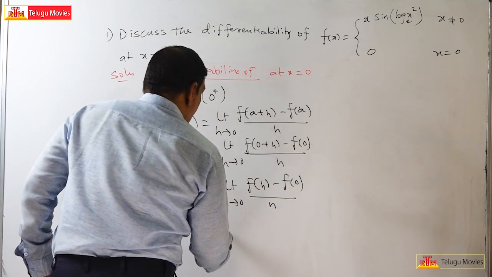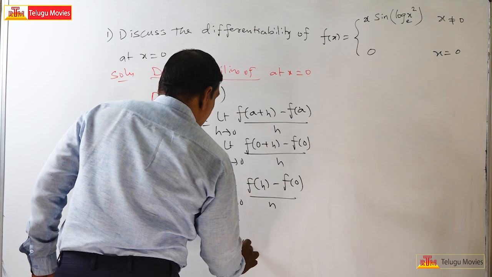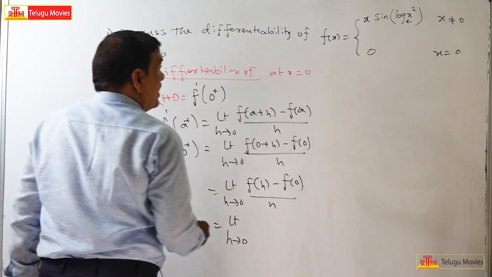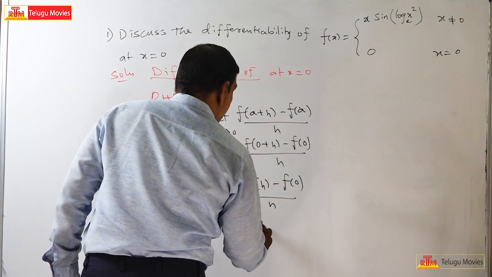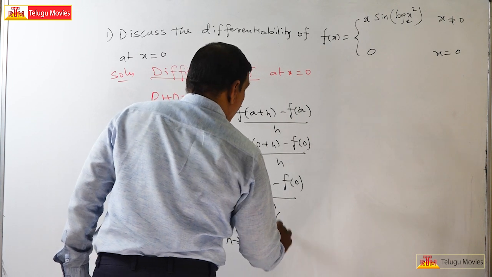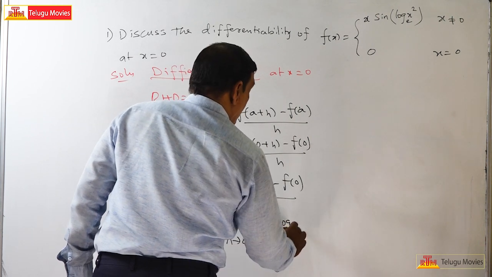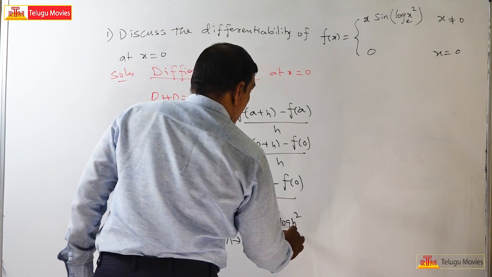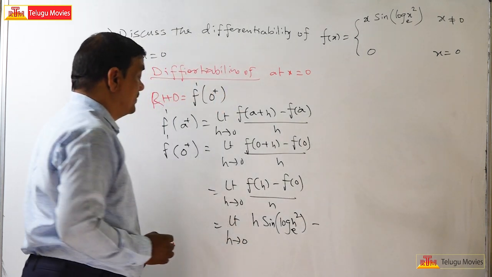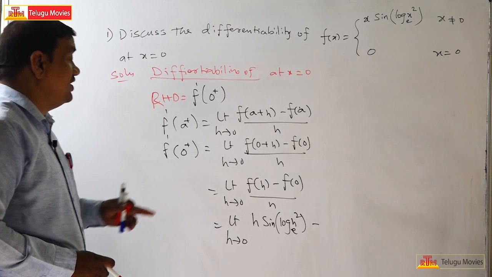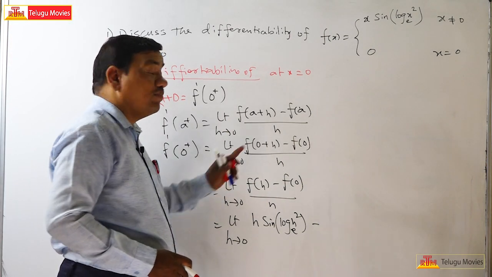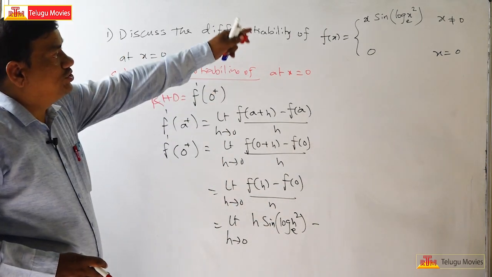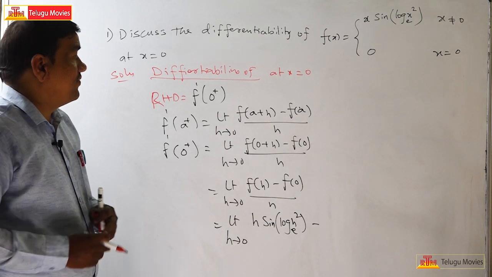So this is equal to limit h tends to 0 of f of h. f of h means h into sine of log of h square to the base e, minus f of 0. Actually it is not 0, the h value approaches 0.